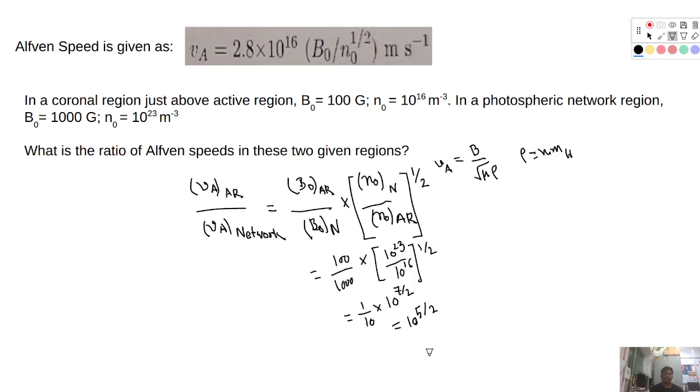But in this case, the magnetic field is small and the density is also small, and in the other case the magnetic field is strong and the density is also high. So you'll find that there is some difference between the Alfvén speeds in these two regions.